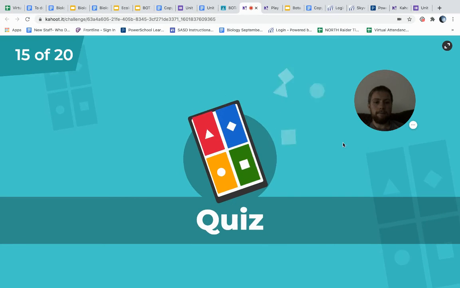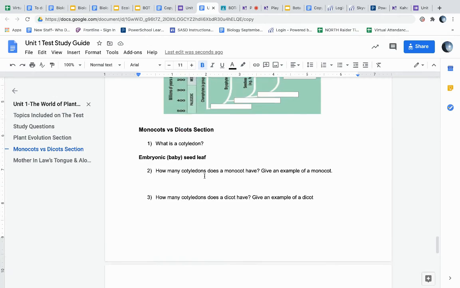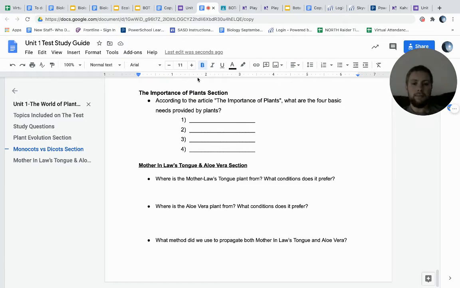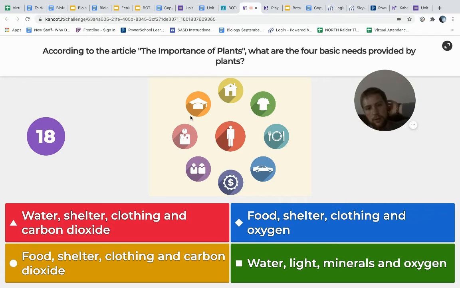All right. Continuing on, this question correlates to the importance of plants section of our study guide. According to the article, what are the 4 basic needs provided by plants? This was also on our quiz, so make sure you get it right this time. We don't get water from plants, we get food, we definitely get shelter, we definitely get clothing, and we get oxygen.